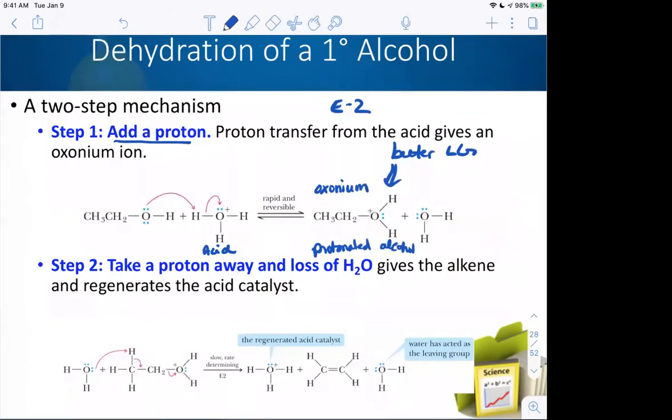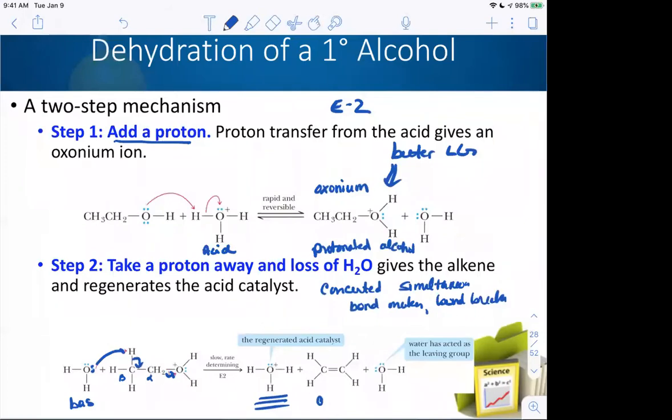And then in my concerted, simultaneous bond making, bond breaking step, this is still acting as the base. This is the alpha, this is the beta, this comes in, this bond breaks. So I have a reaction that happens together. I regenerate the acid catalyst and I form the alkene, which is the product of the beta elimination.